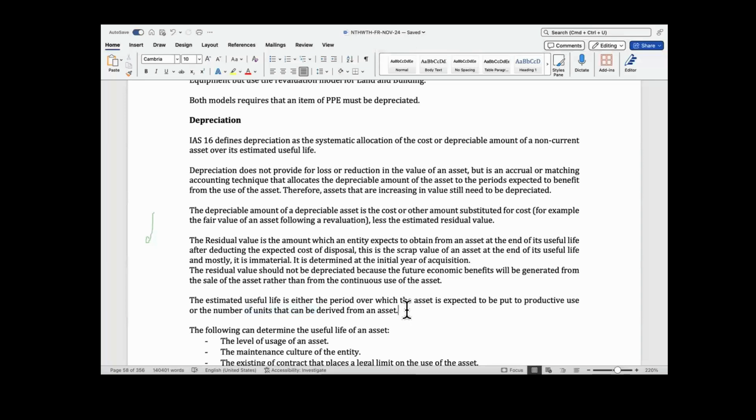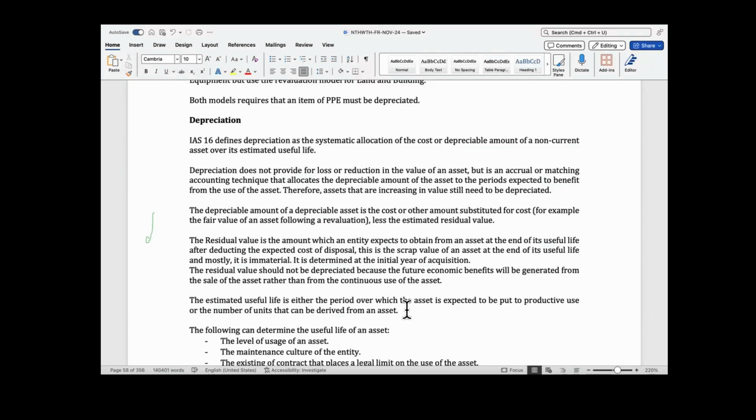So useful life doesn't necessarily have to be number of years. It could be number of units. So when you have an asset that is supposed to last 5 years, fine, that's useful life. Also, when you have an asset that can produce 100,000 units, that is also its useful life.